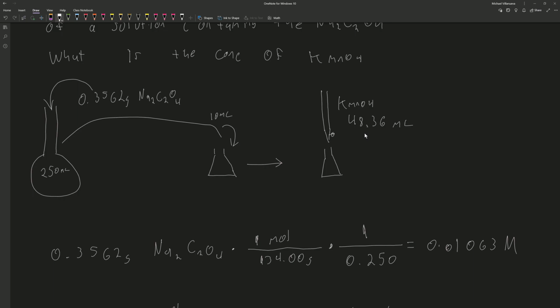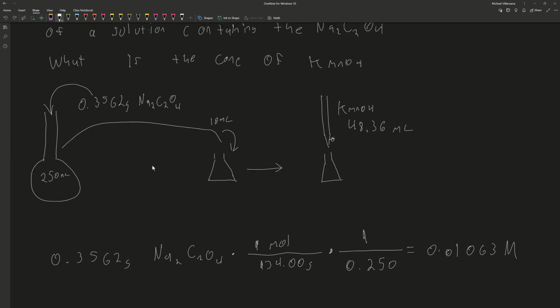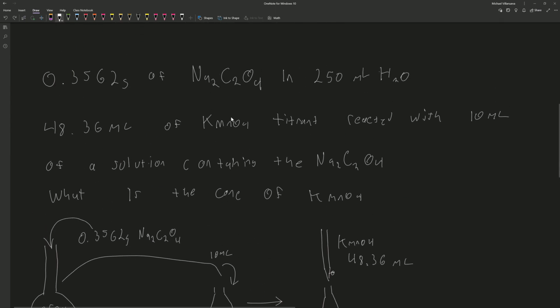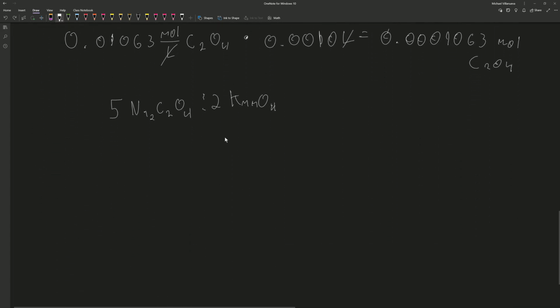So that would mean that at this point, KMnO4 equals Na2C2O4. Usually this is indicated by a color change in the solution because in this case, we are actually using KMnO4 as an indicator, which will undergo that color change.